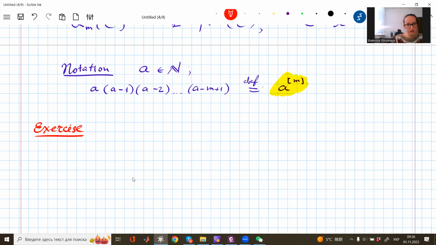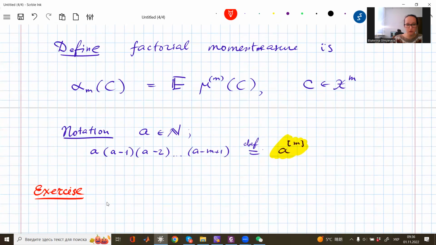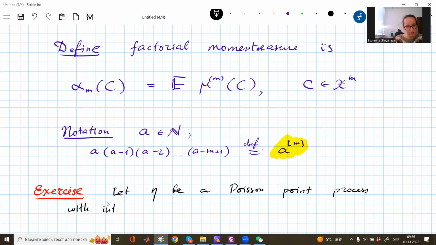So let's try to find the factorial moment measure for a Poisson process. Let nu be a Poisson point process with intensity measure lambda.